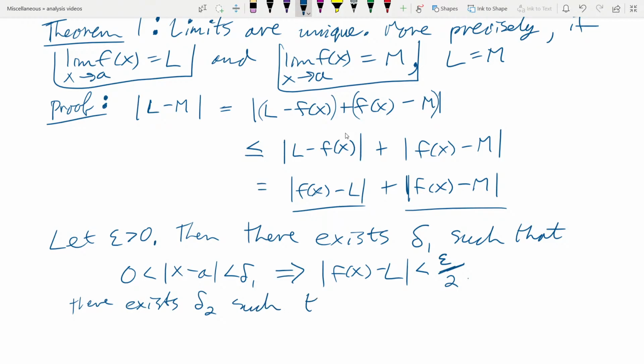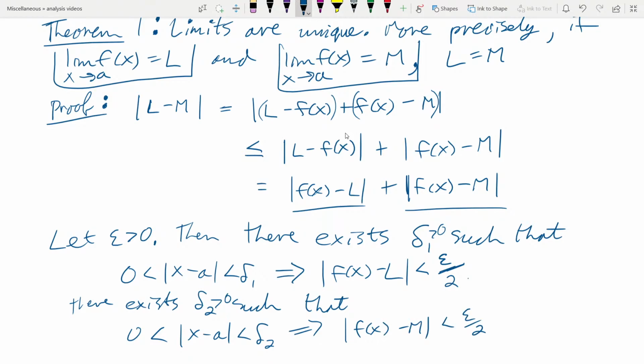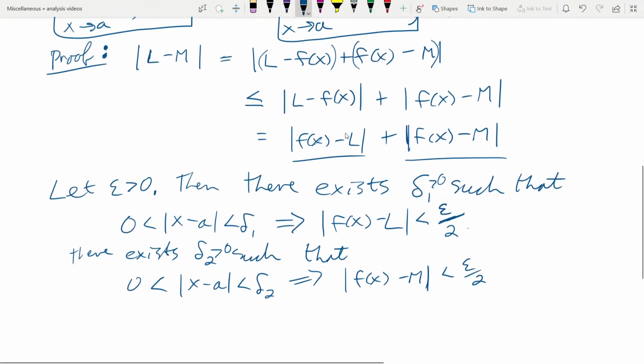There exists delta 2 such that 0 < |x - a| < delta 2. By the way, these are both bigger than 0. So this implies then that |f(x) - M| < epsilon over 2. All right.